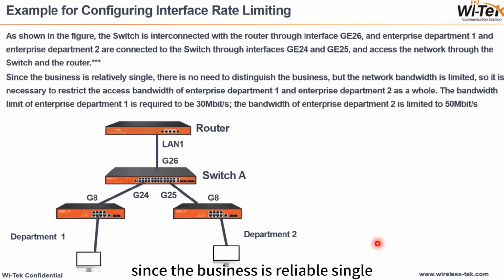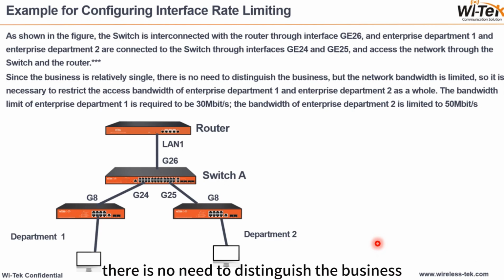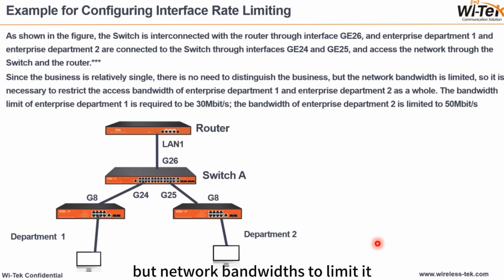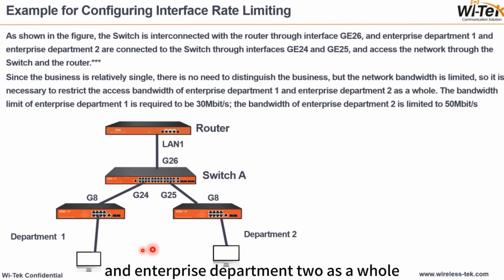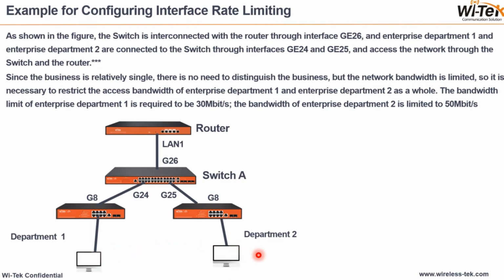Since the business is relatively single, there is no need to distinguish the business, but network bandwidth is limited, so it is necessary to restrict the access bandwidth of Enterprise Department 1 and Enterprise Department 2 as a whole.